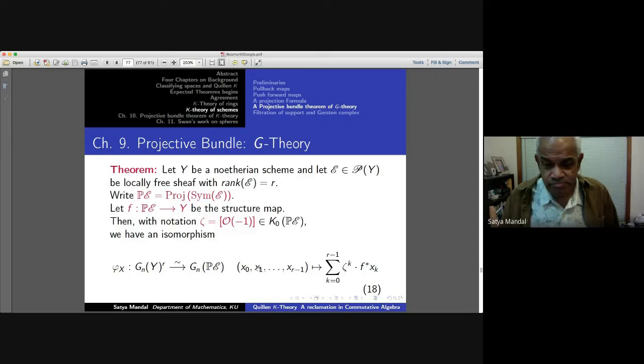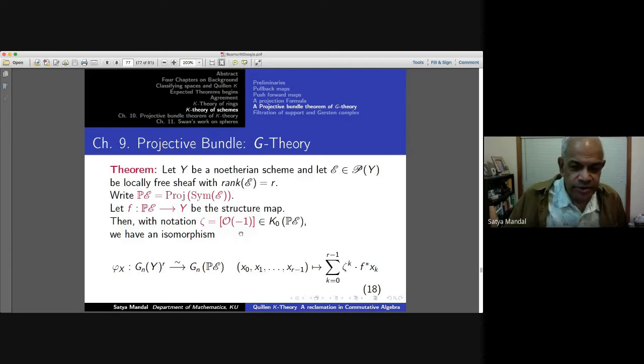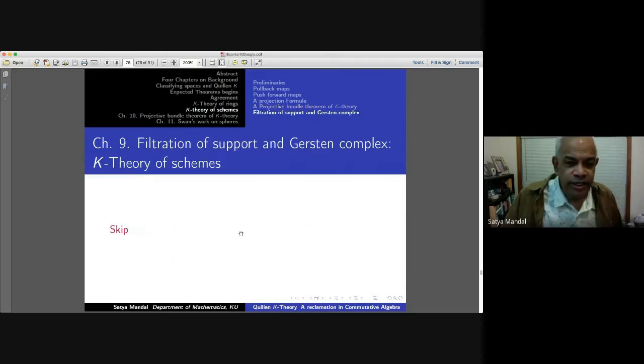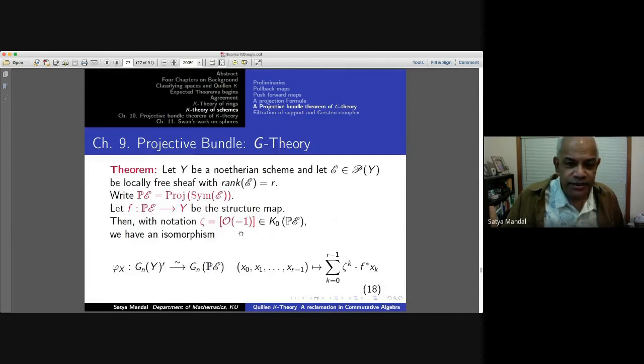The map is the usual suspect, using ζ: you can talk about ζ to the power k by taking products. So that finishes this chapter 9.